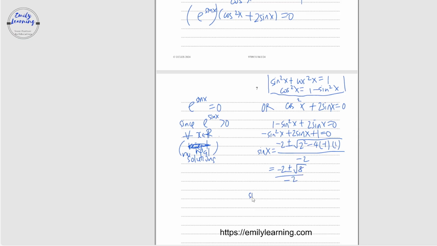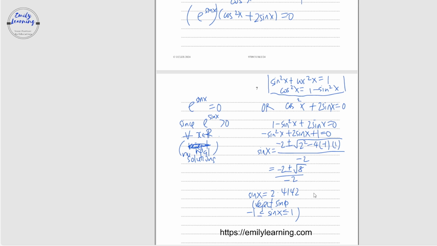So sine x equals, let me type in minus 2 minus root 8, the whole thing divided by negative 2. That will give me 2.4142. I will reject this, since sine x will always be between minus 1 and 1.